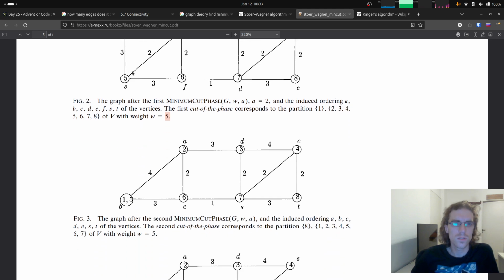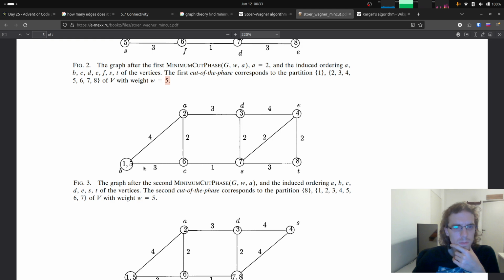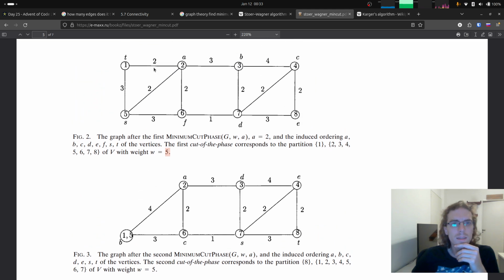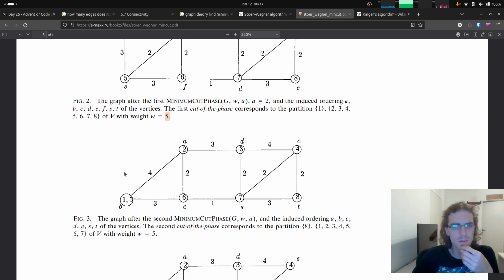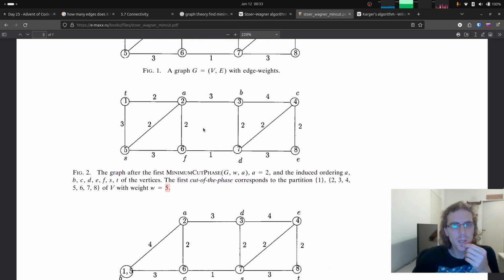So okay, then you contract, I guess, S and T, and this now is nodes 1 and 5 contracted, and we added up these two 2s into a 4, and we lost these 3 for some reason. So okay, the minimum cut of this thing, I guess, is going to be, I don't know, this one, which is like 4.